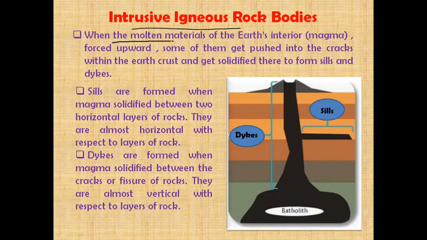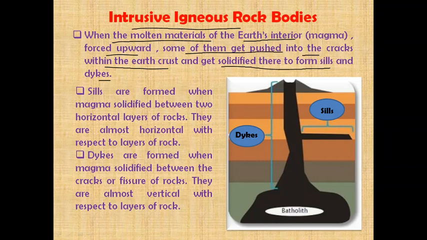When the molten materials of the earth interior, that is called magma, are forced upward, some of them get pushed into the cracks within the earth crust and get solidified to form sills and dikes. So the two common types of intrusive igneous rock bodies are sills and dikes.